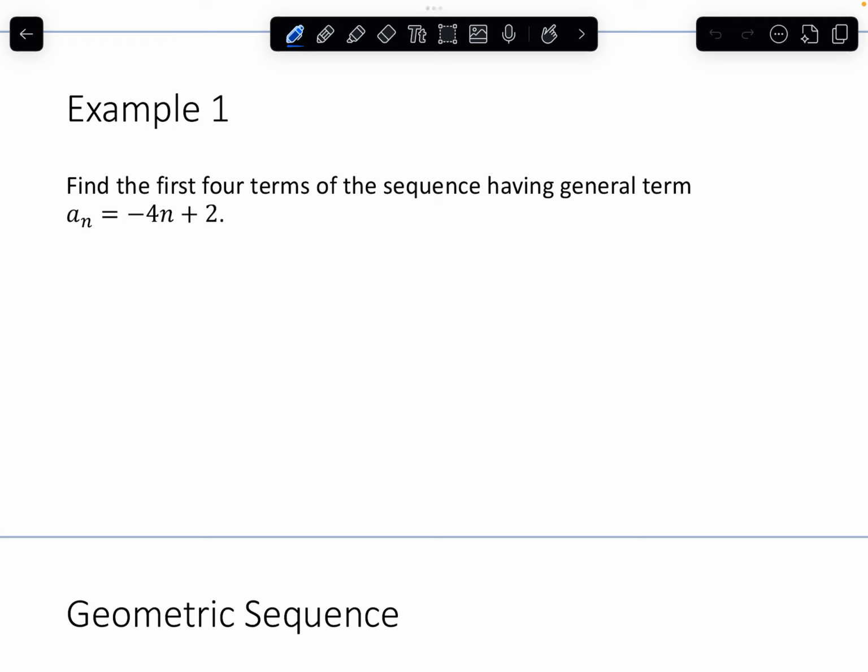So here's an example. I'll find the first four terms of the sequence having the general term a sub n is negative 4n plus 2. So a sub 1, a sub 2, a sub 3, and a sub 4. To find these, we do negative 4 times 1 plus 2, so negative 2.